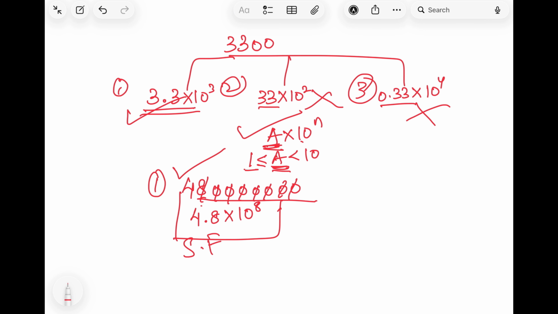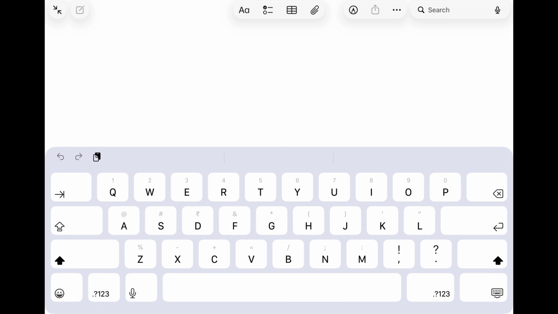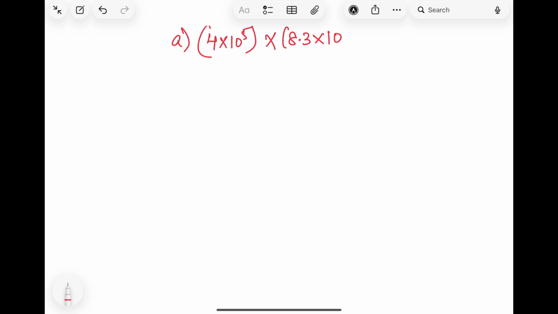Now, we don't only write numbers in standard form. Sometimes there are calculations, and we have to perform them and again convert the answer to standard form. Suppose we have two numbers, 4 into 10 raised to 5 and 8.3 into 10 raised to 4.